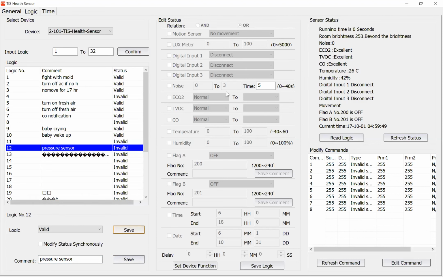A program: if the pressure sensor is disconnected, then for example pop up the notification on the NERS Luna panel.